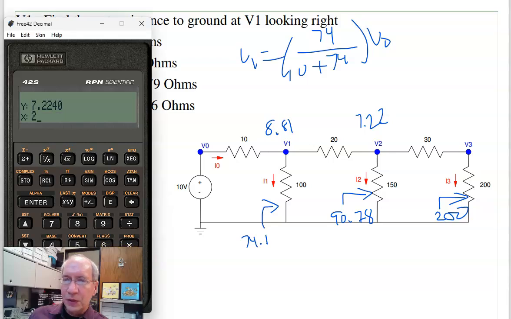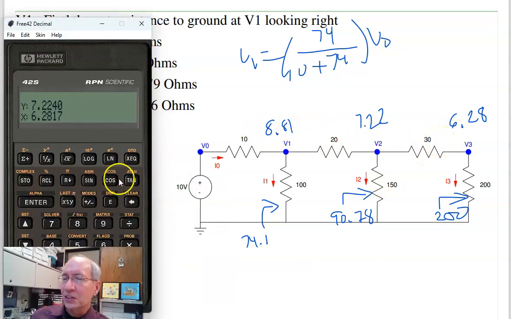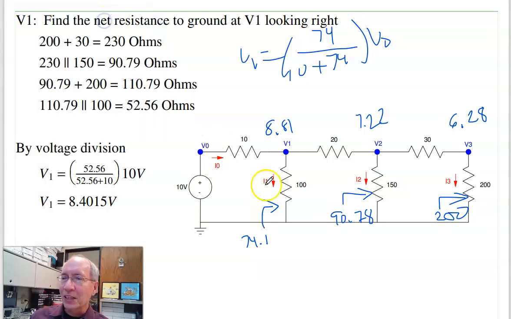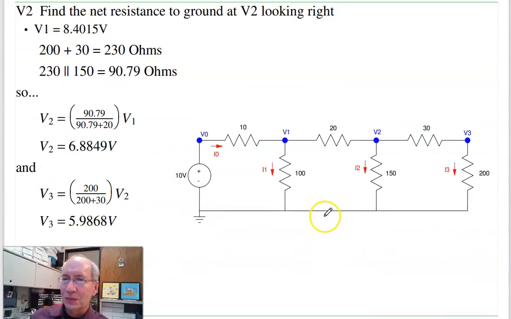V3 is then 200, enter, 30 plus, divide, that percentage of 7.22, 6.28 volts. So by using voltage division, I can find the voltages. And also kind of notice, this is a pretty slick calculator. It worked really well for that. Try doing that with the TI. There's the answers.